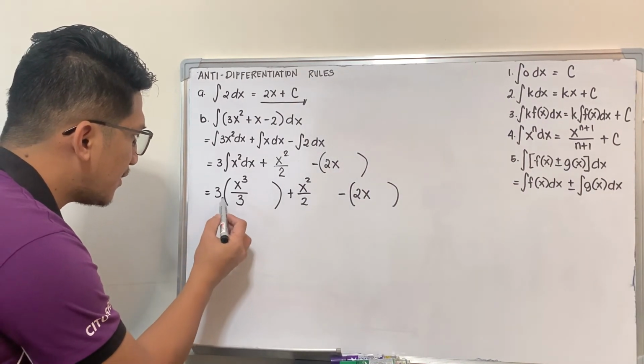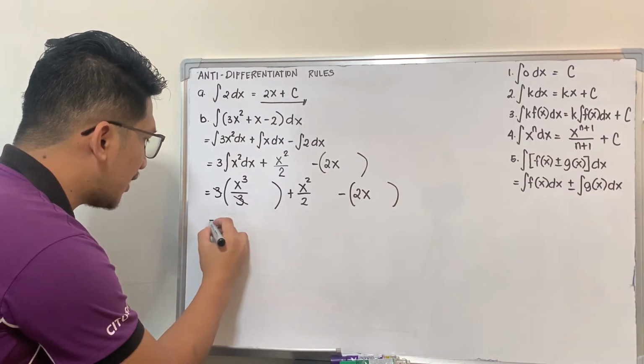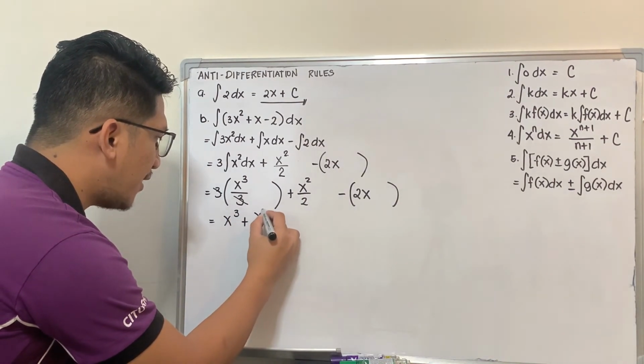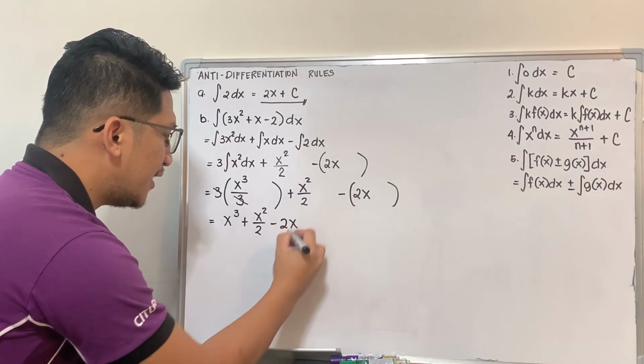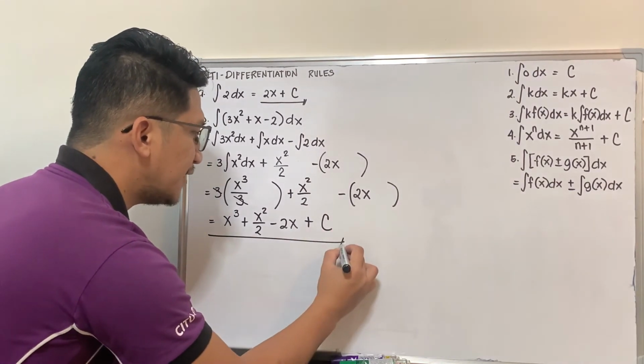So from here, siyempre, 3 times x cubed over 3, this cancels. You will come up with x cubed plus x squared all over 2. Then minus 2x. And then, diri na sa pinaka-last, plus C. And that's it.